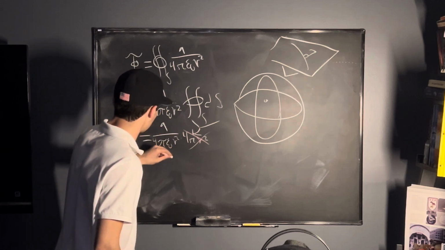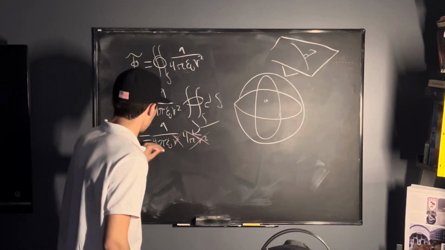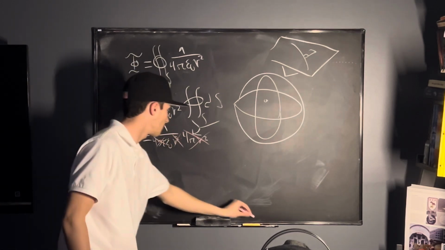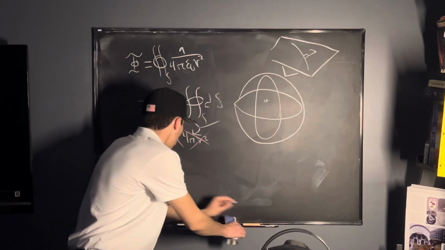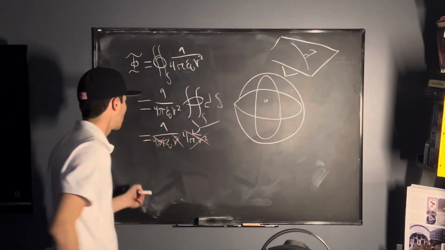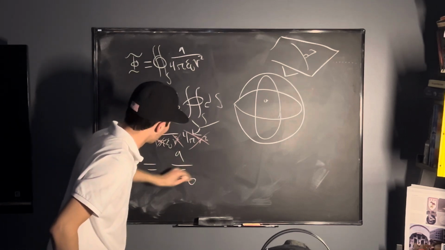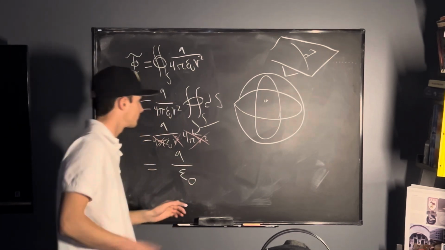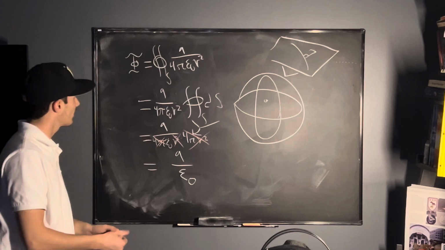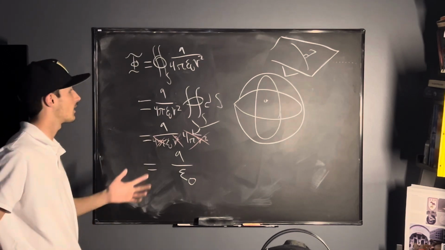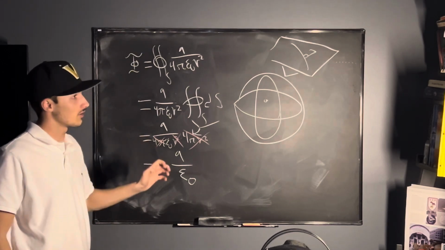That comes out. That comes out. That comes out. That leaves us with Q over epsilon naught. And so there is the argument behind Gauss's law.